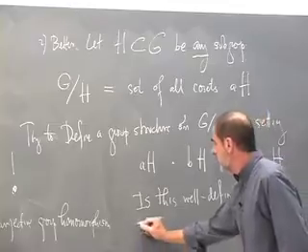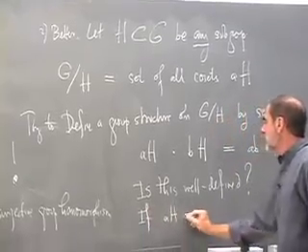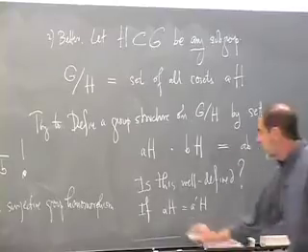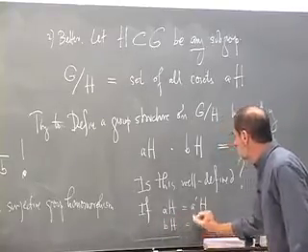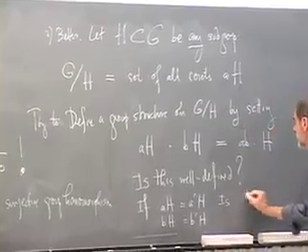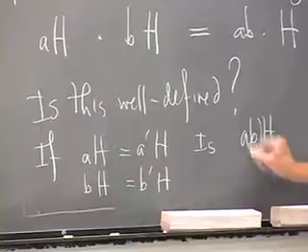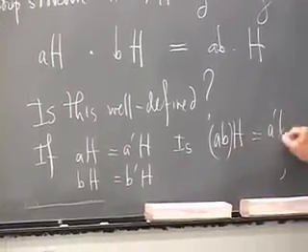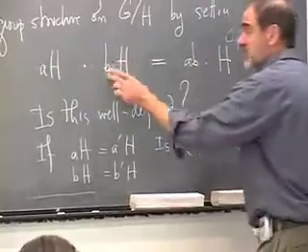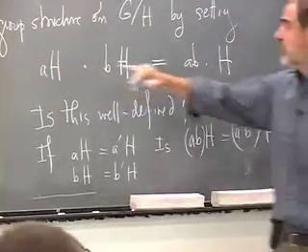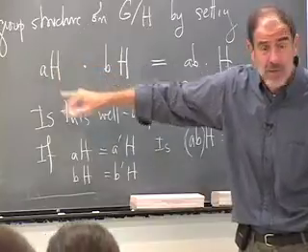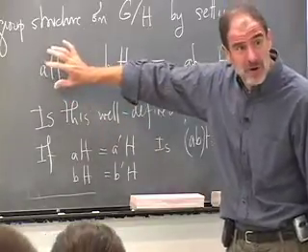Namely, if AH is equal to A prime H, if A and A prime are in the same coset, and BH is equal to B prime H, is ABH equal to A prime B prime H? Namely, if we're saying that this coset times this coset is this coset, we better make sure that doesn't depend on what representative we've chosen for the coset.